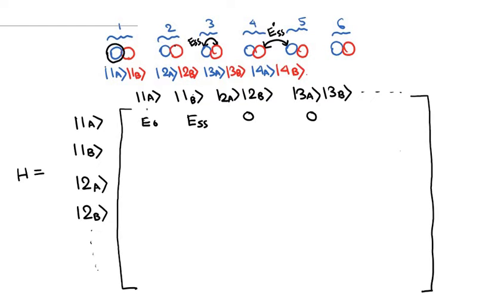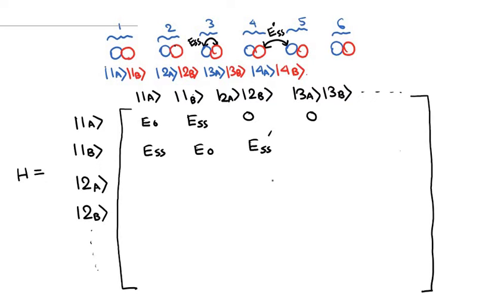So the next row is the equation for the wave function at this atom, and these two are coupled, and this is ESS. Now this term corresponds to the coupling of this atom with itself, so this is E0. Then this position corresponds to the coupling between this atom and this atom, and this is ESS dash.